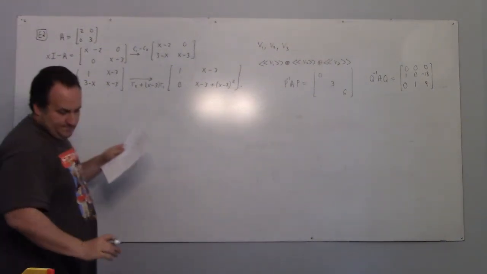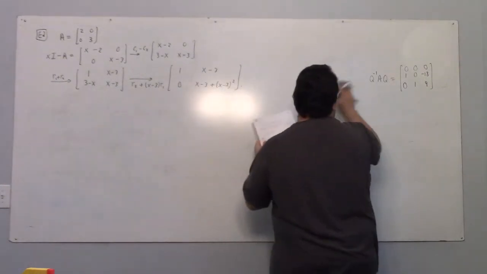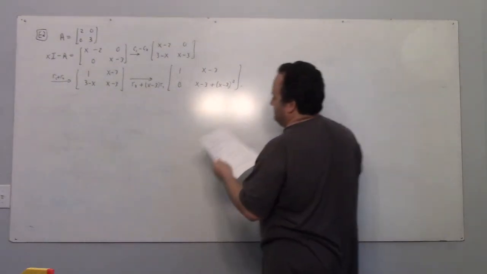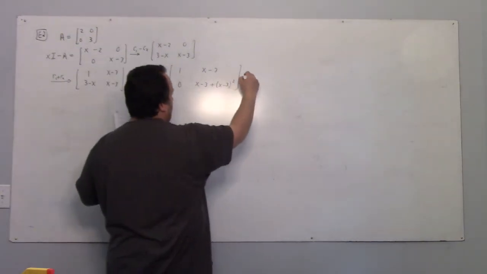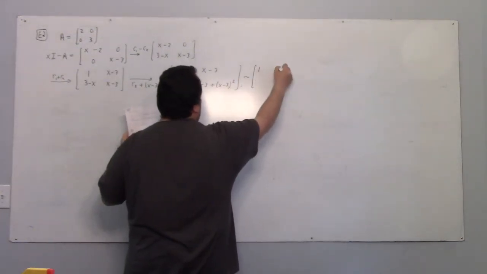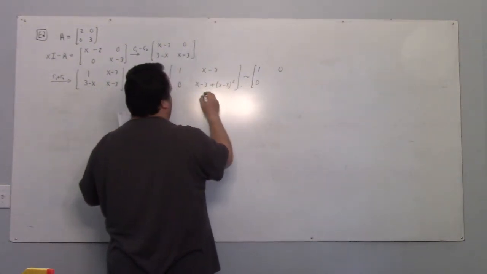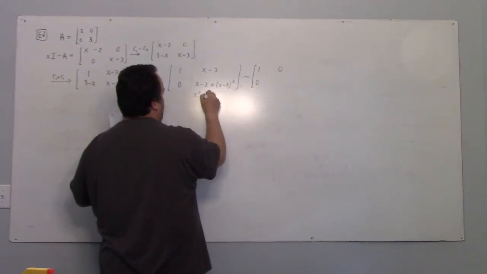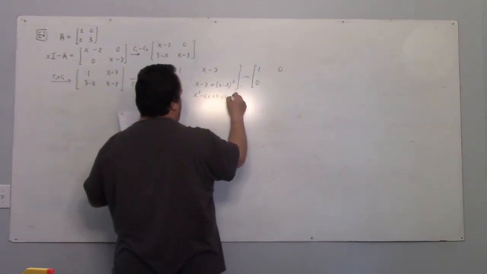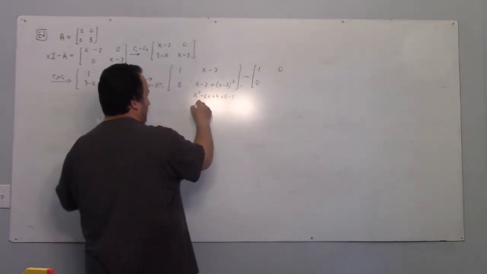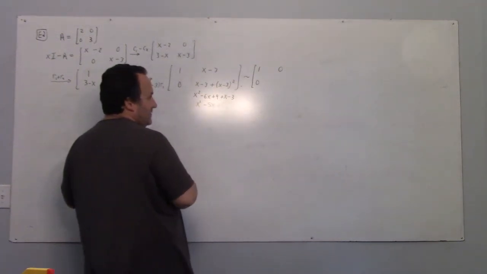What's that get me to? X minus 3 plus 3 minus x. Whoa. We can clear that out, right? And we've got 1, 0, 0. What you got there is x squared minus 6x plus 9 plus x minus 3. So that's x squared minus 5x plus 6.